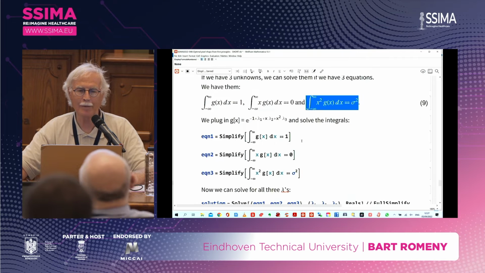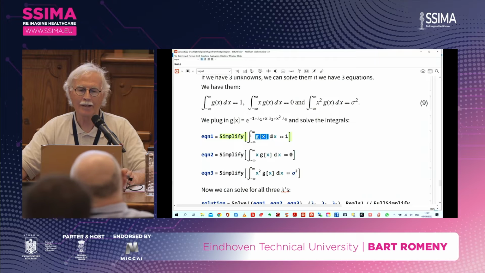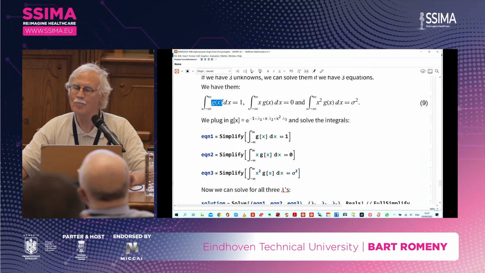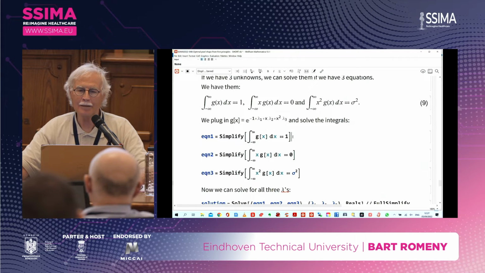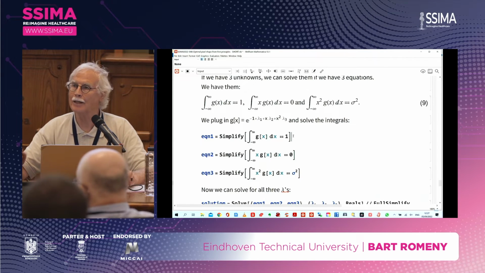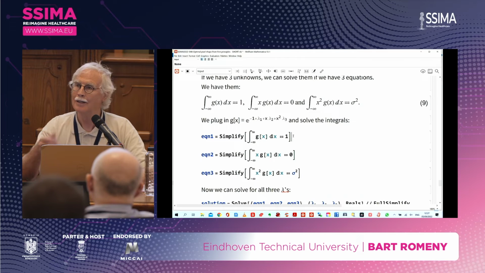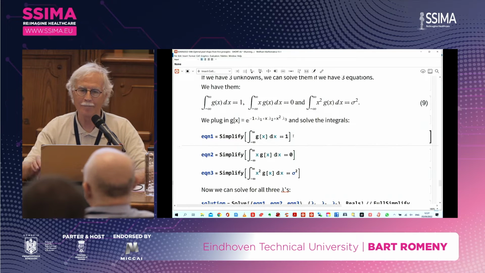And we ask in Mathematica, this exponential function, put it in here, and calculate this integral, because I put it in the first equation, tell it that it is 1, and simplify the equation. And now we get the force of Mathematica. It can do real mathematics.